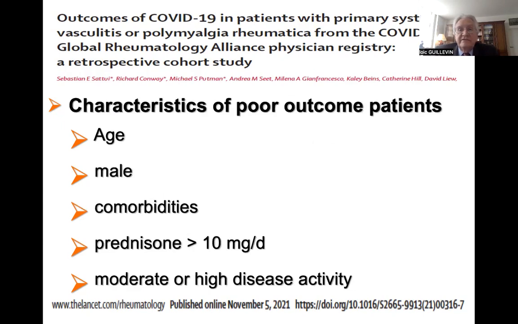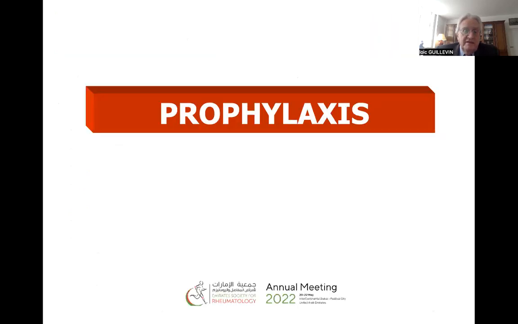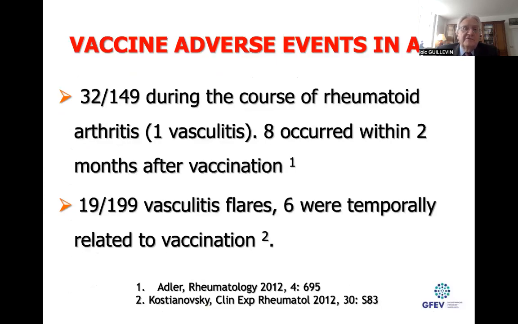And the characteristics of poor outcome of patients are age, male sex, comorbidities, prednisone, and moderate or high disease activity. And before the conclusion, some prophylactic measures to avoid these side effects. First of all, you have to vaccinate your patient. You can do that, and you have to do that.